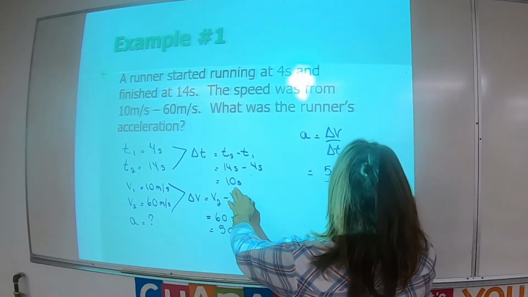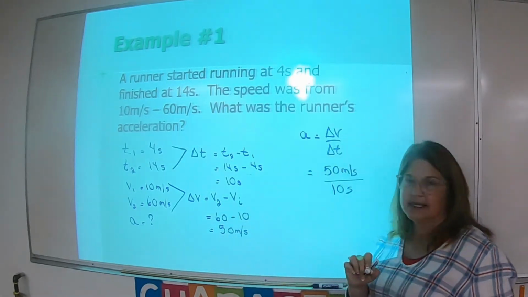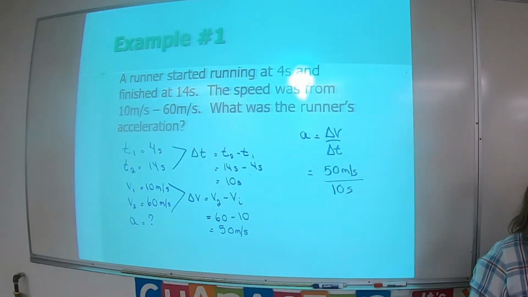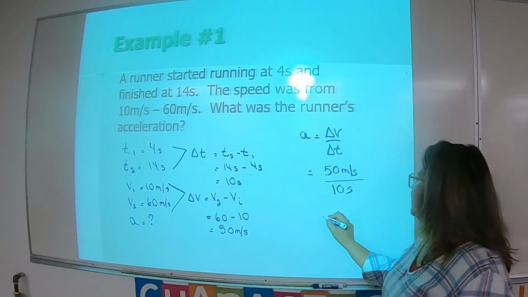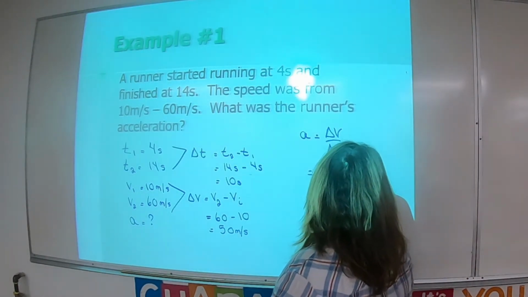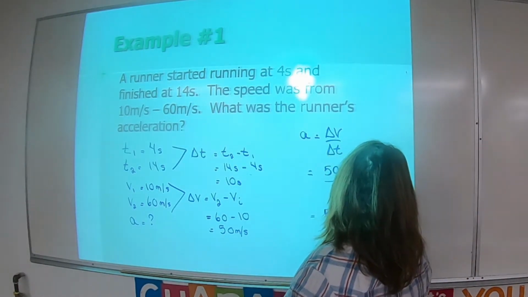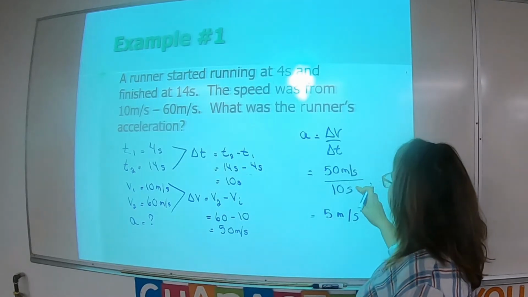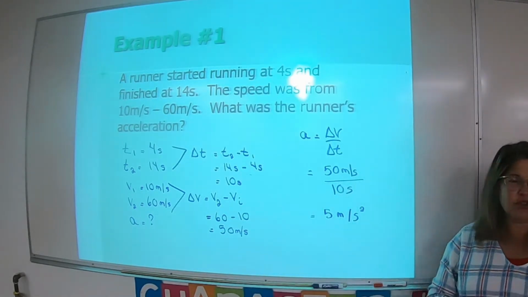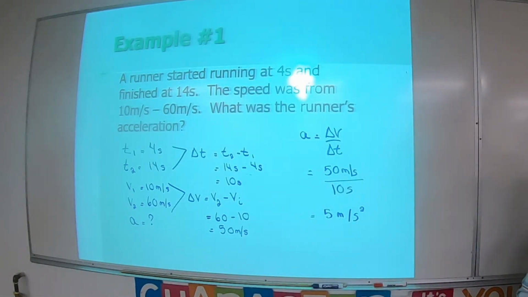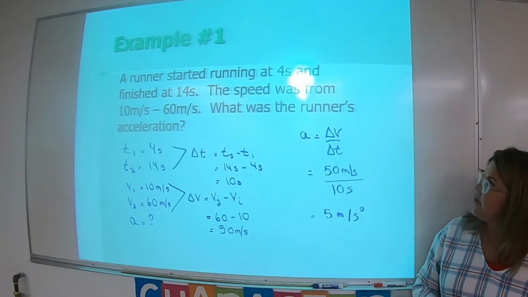Change in time, 10 seconds. So we have 50 divided by 10, or 5 meters per second squared. The 2 seconds gives you your second squared. That is the correct number of sig figs, so all is good.